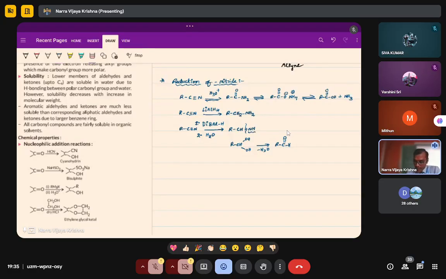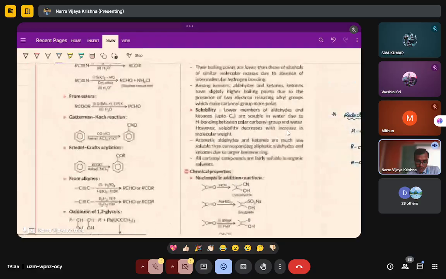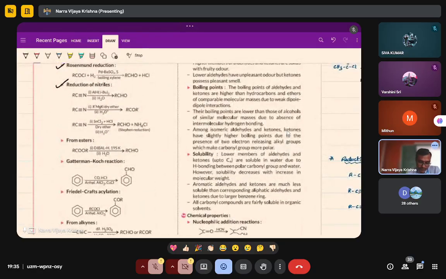So directly we are writing aldehyde plus ammonia. Clear? Any questions about this first reaction? Done? So cyanides with DIBAL-H followed by hydrolysis give aldehydes.